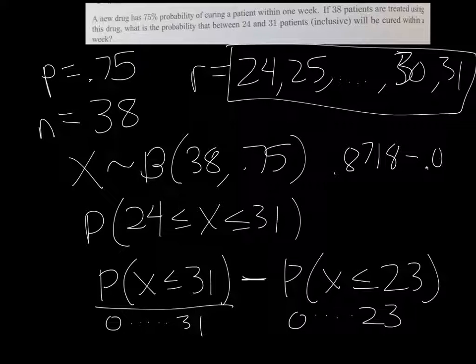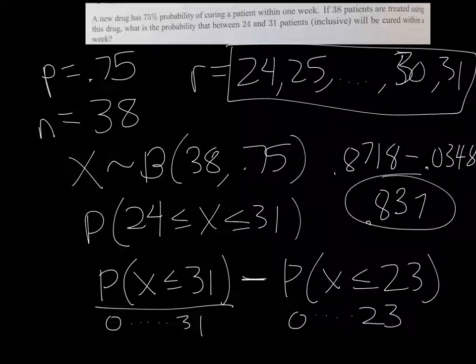That gives us 0.0348, and then we take the first one minus the second one, all on our calculator, and we get 0.837, 3 significant figures. And this is exactly what you'd want to show.